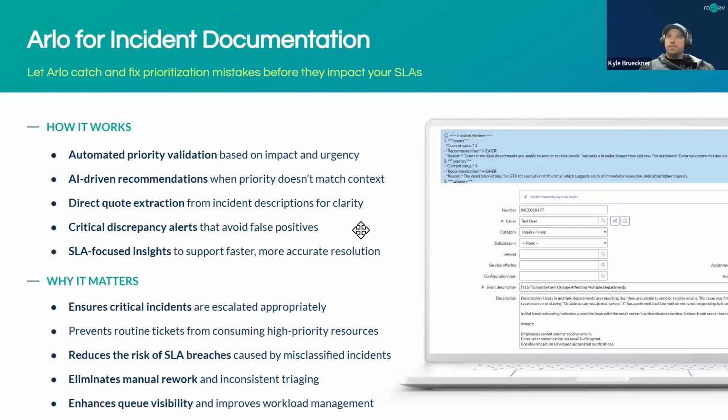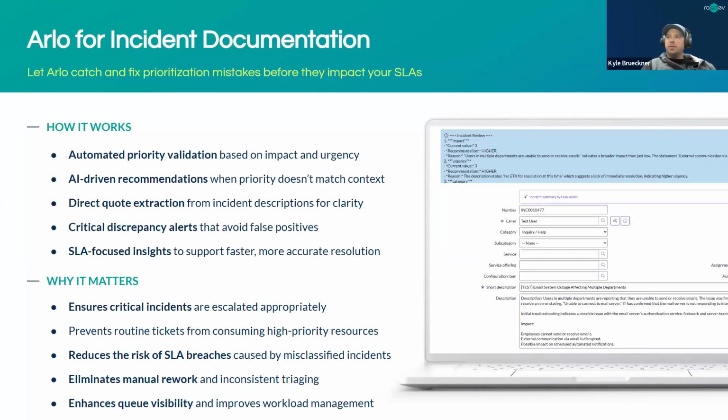The next one, we've got Arlo for incident documentation. Now all of these Arlos are designed to be invoked automatically by some event. It could be a point in your process where a value changes, right? Which would be driven by a business rule at that point, or a script include method, or a flow.